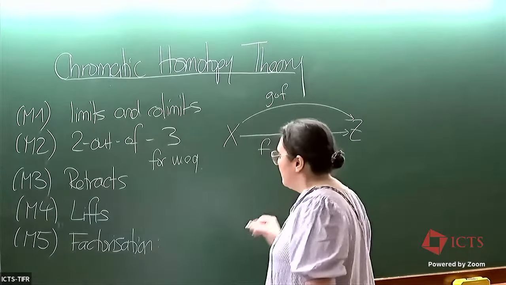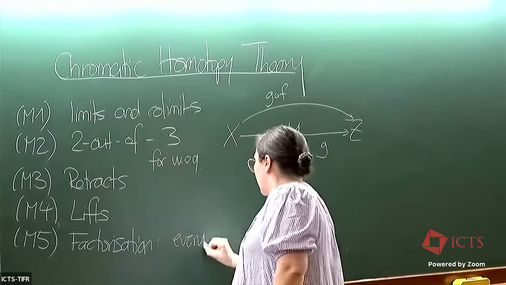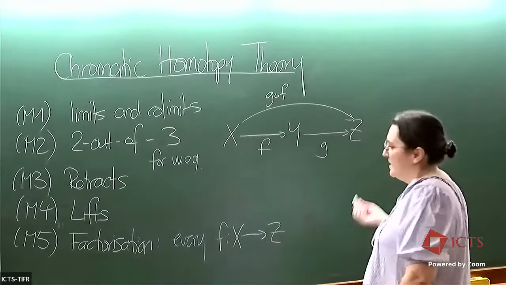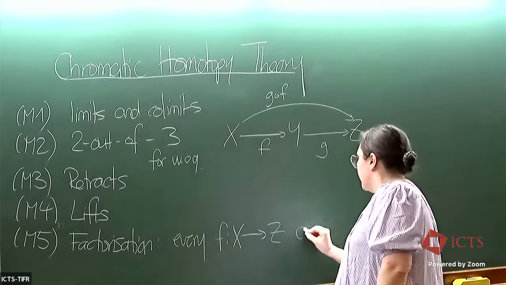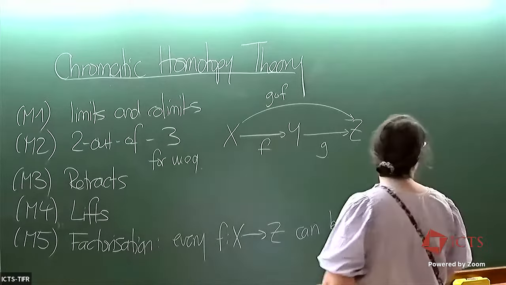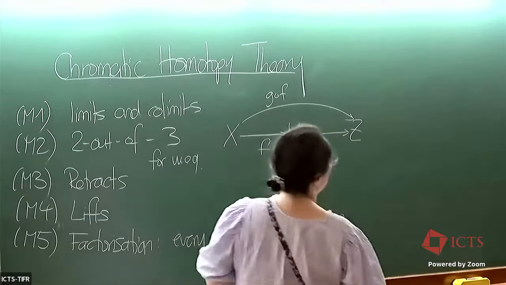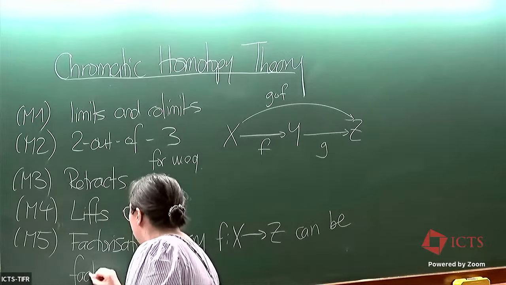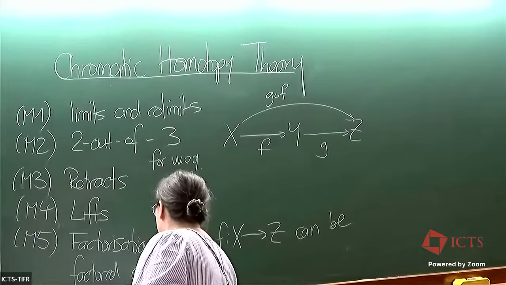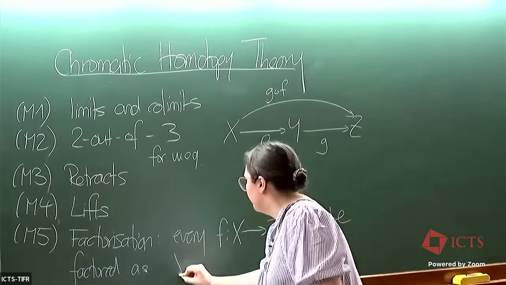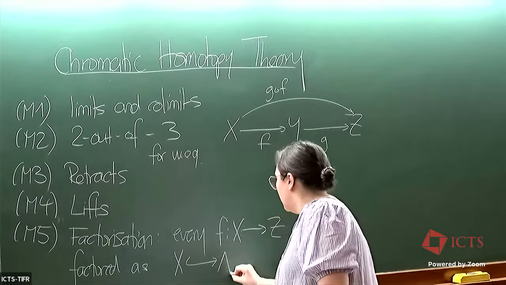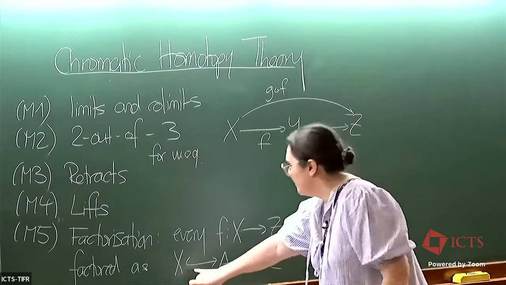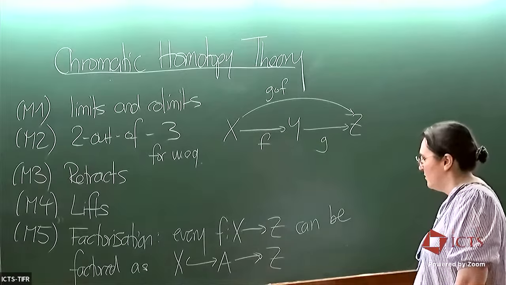which means that every morphism can be factored in 2 different ways. So you can factor it in 2 ways, so that the first one is a co-fibration and the second one is a fibration.